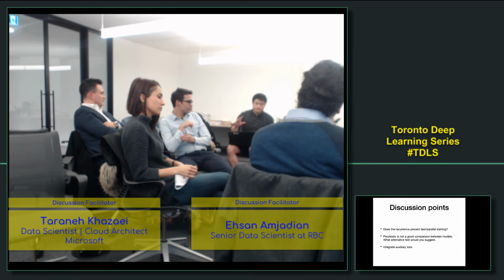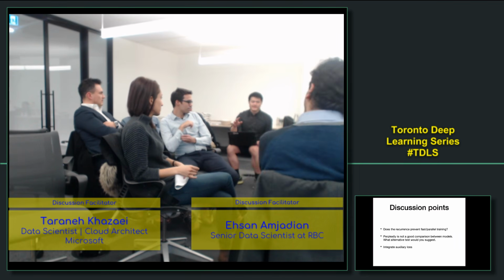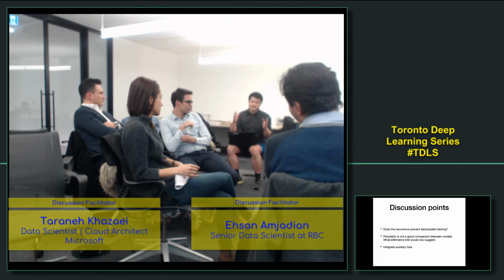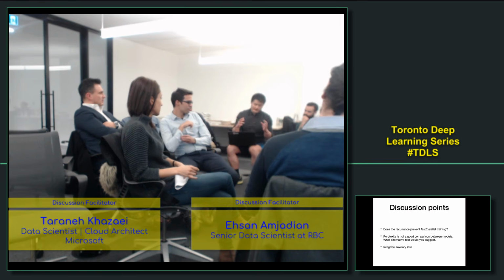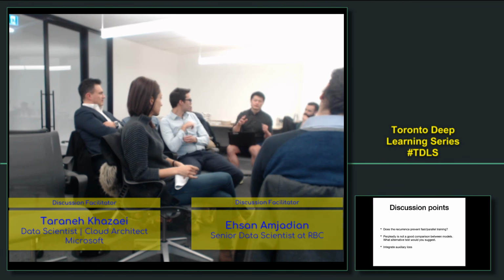Okay, back to the second question. If it kind of makes sense, then theoretically there shouldn't be a significant performance difference between absolute position encoding and relative position encoding.